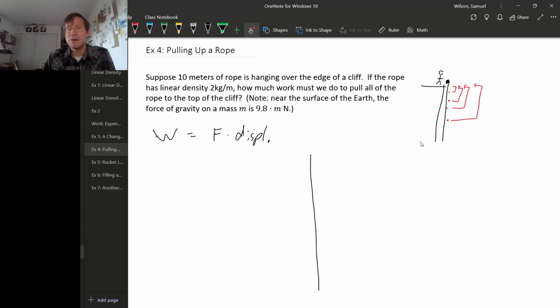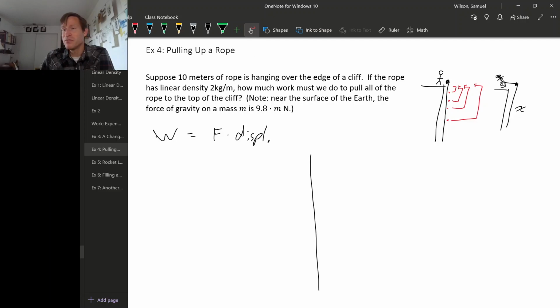One way to think about this is to consider the situation when you've already pulled up some of the rope. Actually, let's do it the other way. Suppose that there's only x units of rope left dangling over the cliff.